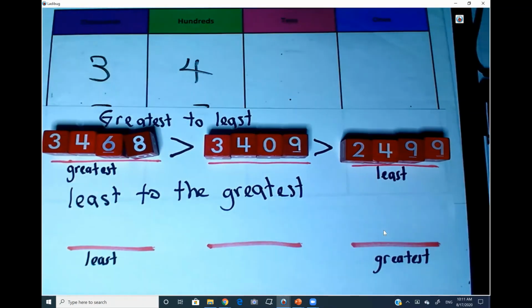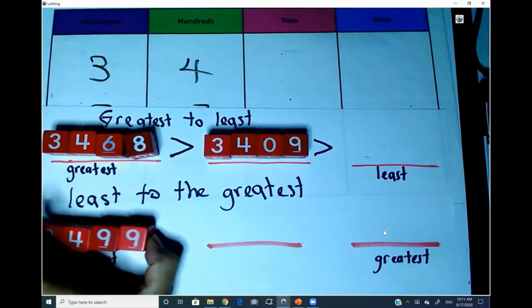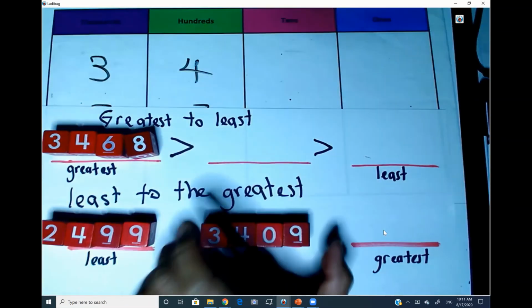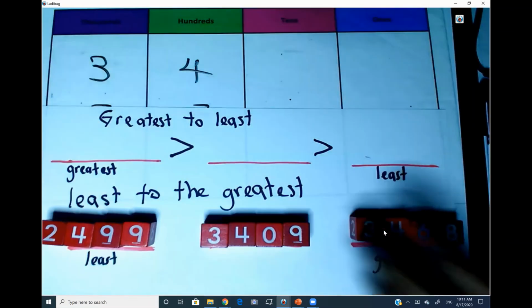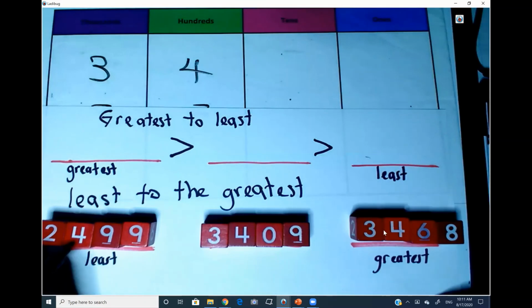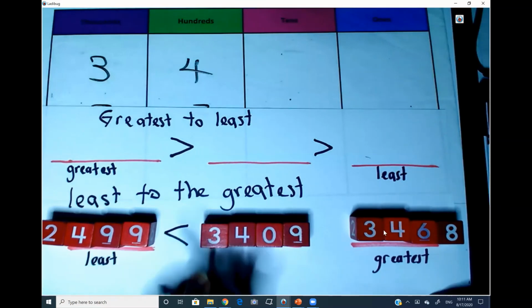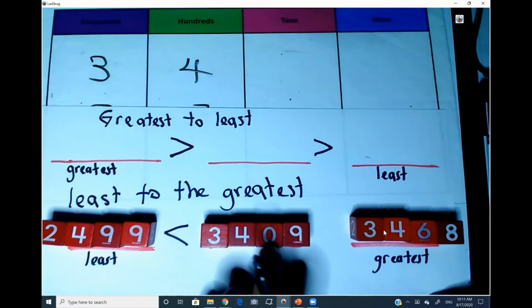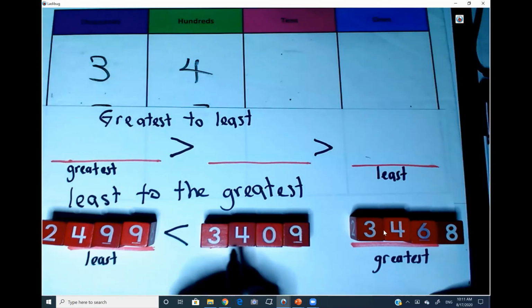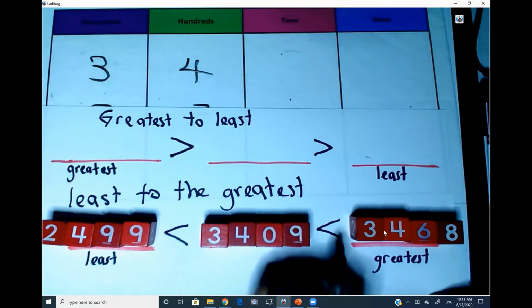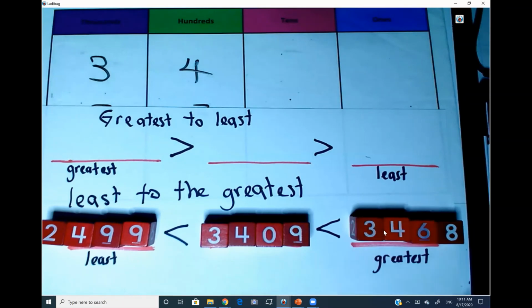The only thing I have to do is switch them around. And then my symbol is going to change because now 2,499 is less than 3,409, and 3,409 is less than 3,468. So this is how you compare your numbers using symbols, and you're able to read it too.